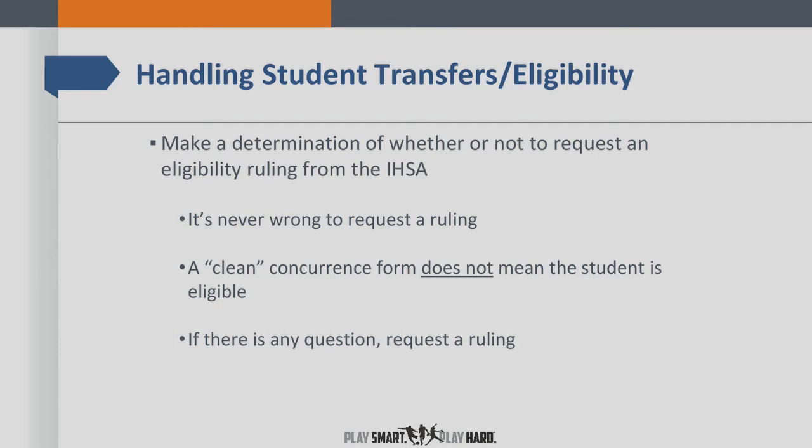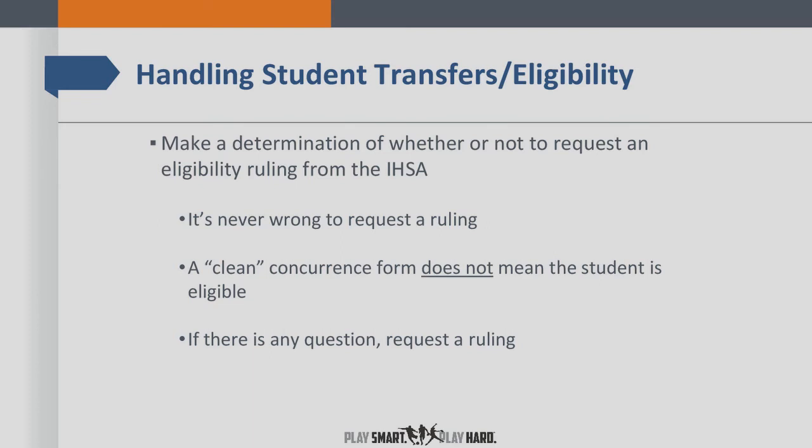And if you're a new school administrator, it would be my recommendation, if you have a student participating and they're a transfer student, that you receive a ruling from the IHSA office just to be sure that the student's eligible to play. I would note a clean principal's concurrence form does not mean that the student is necessarily eligible.